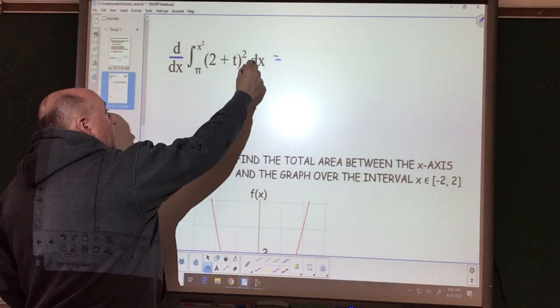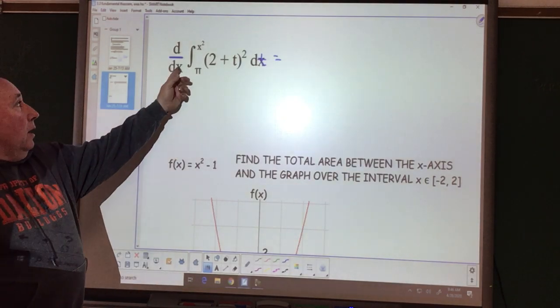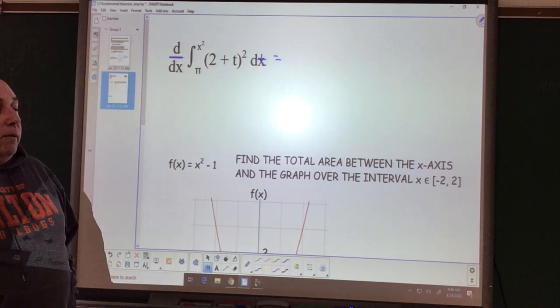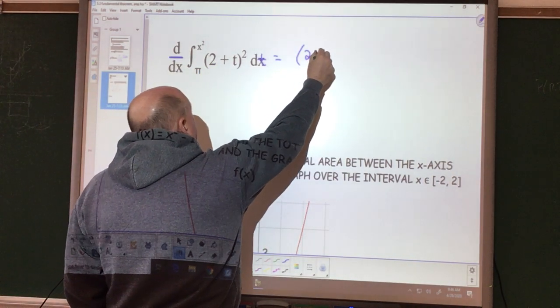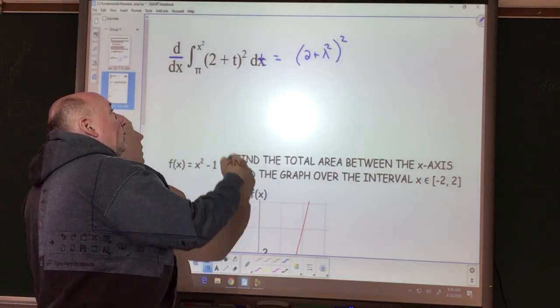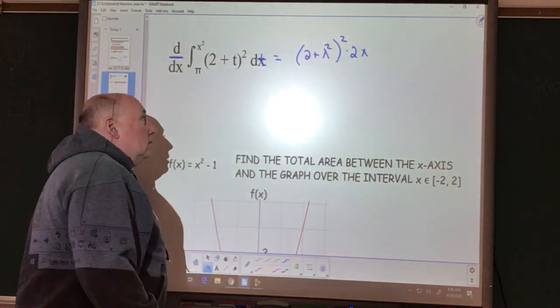Once again, this should be dt. We have to plug in our value for x for the t. So we have 2 plus x squared, all squared. But then we have to apply our chain rule, it gives us 2x.